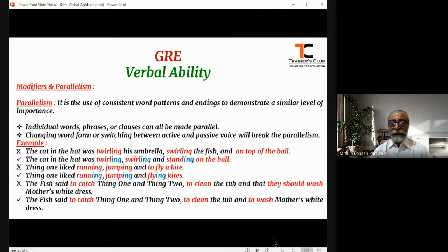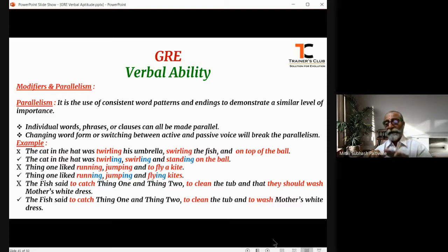Parallelism means the use of consistent word patterns and endings. The endings should also be the same to demonstrate a similar level of importance.